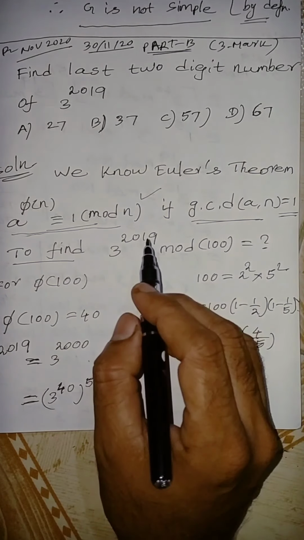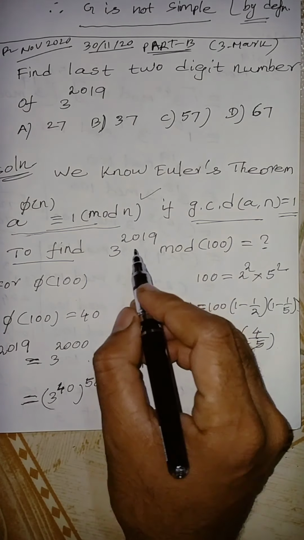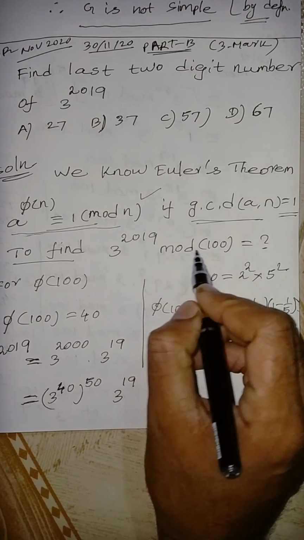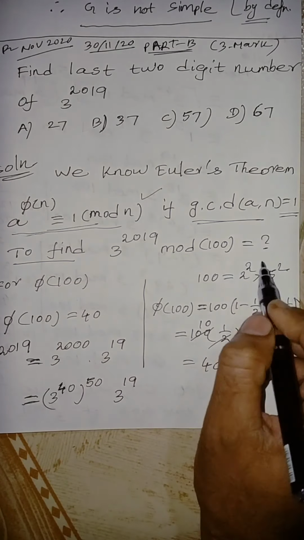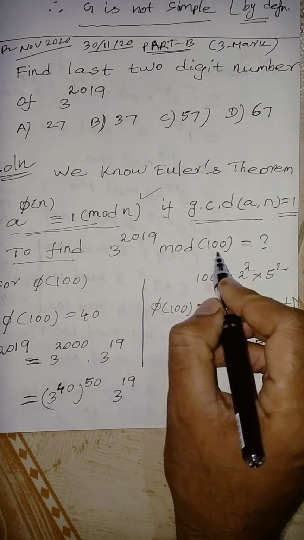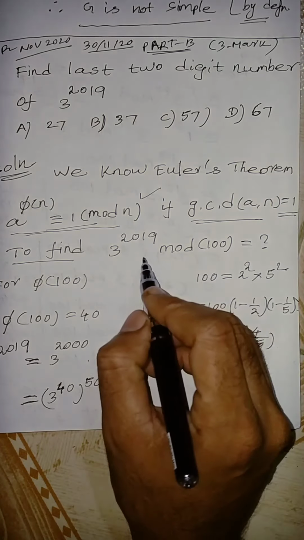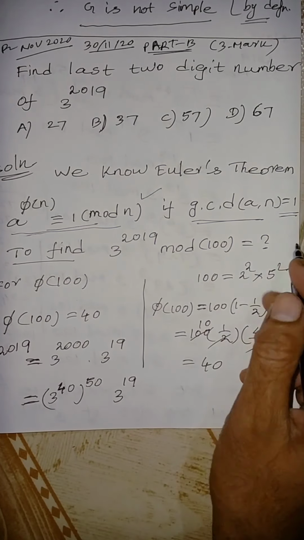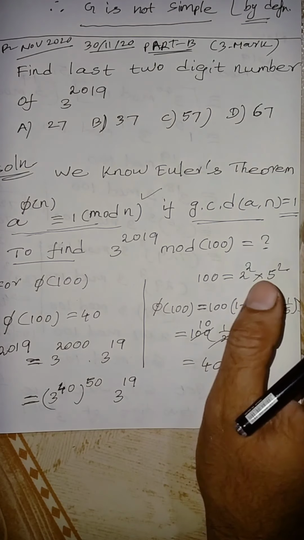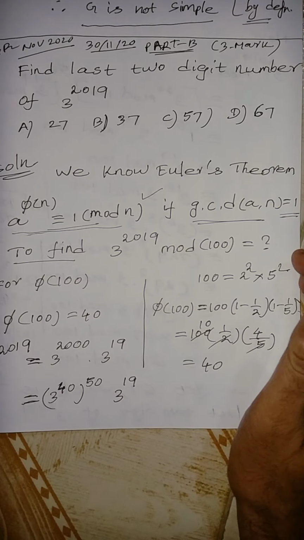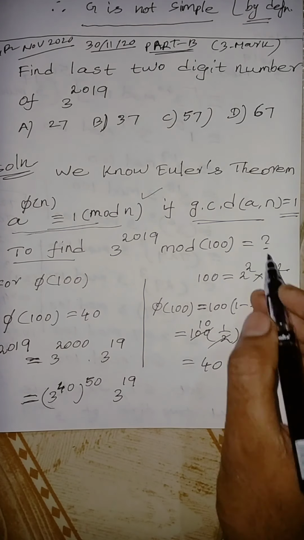If asked for the last three digits, we do 3 power 2019 mod 1000. So depending upon the modulus: mod 100 for the last two digits, mod 10 for the last digit. This is a proper method to get the exact answer.